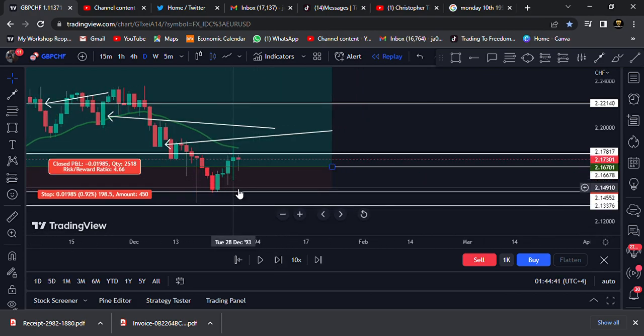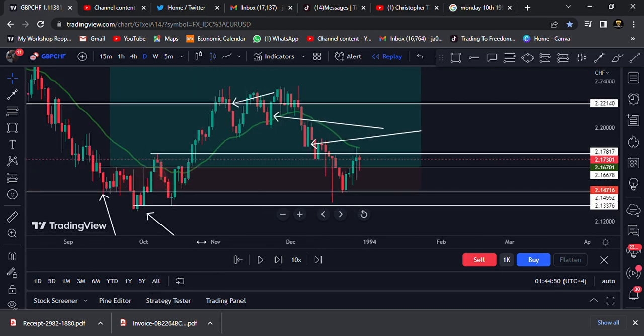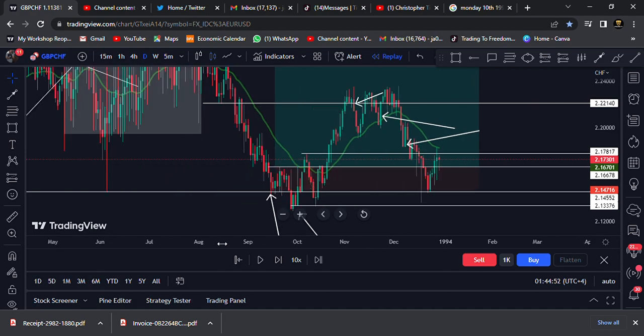So it gave another entry, but this time around, this is if you are only a GBP CHF trader. But if you have other pairs, it will not be any good to do it.